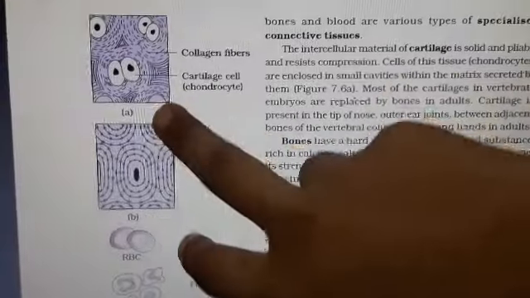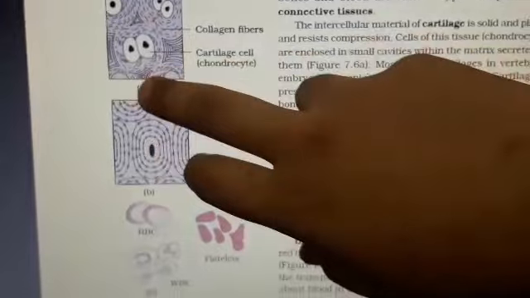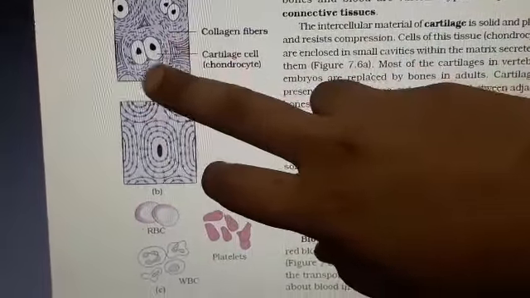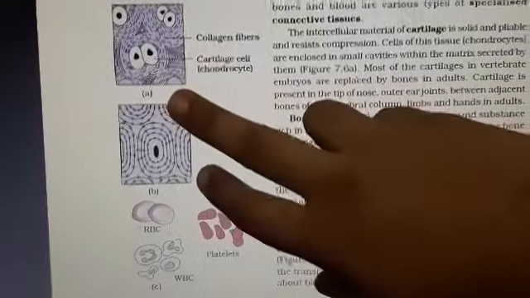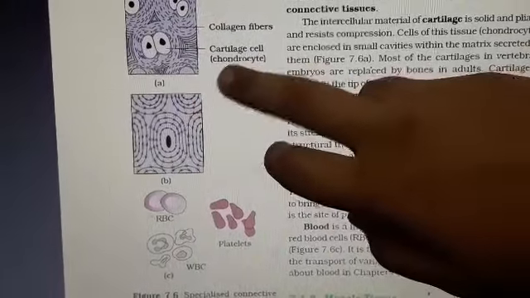So this is a cartilage cell, and you can see spaces, and this is a collagen fiber which is providing it strength, elastin. Okay, and this cartilage cell is also known as chondrocyte.